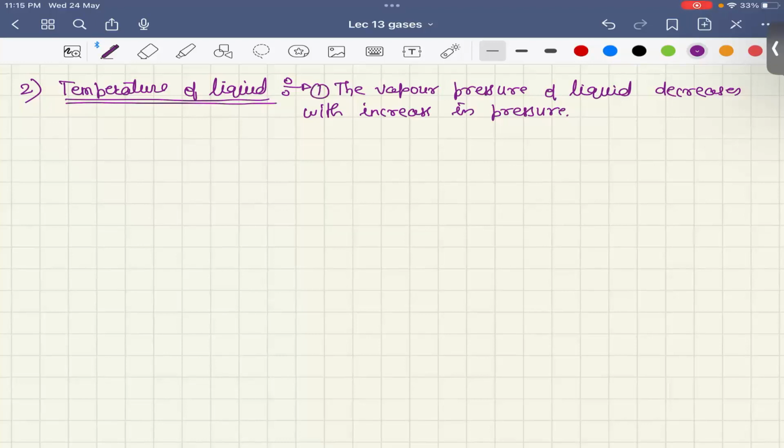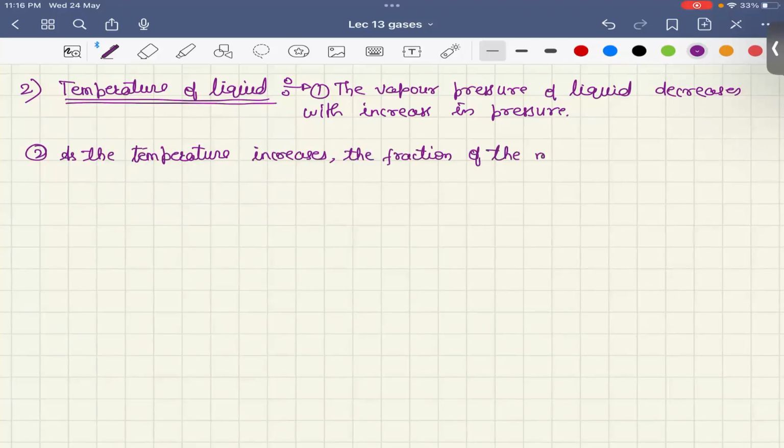Let us write this down. As the temperature increases, the fraction of molecules having larger kinetic energy increases.